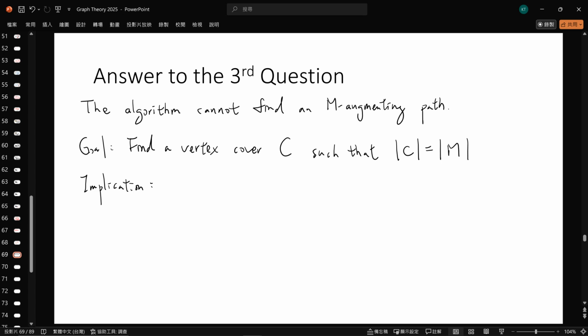I claim that once you have this vertex cover, it is sort of a certificate to show that the matching M is the largest possible. So can you see why?